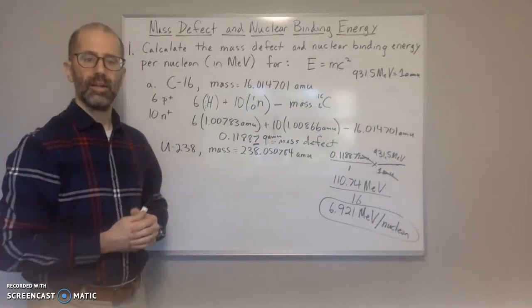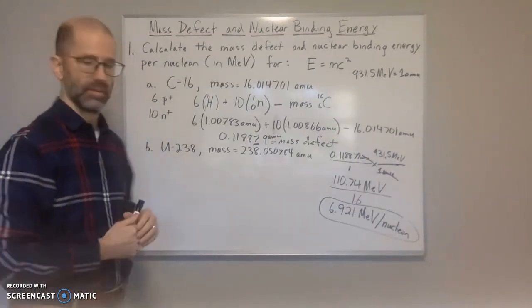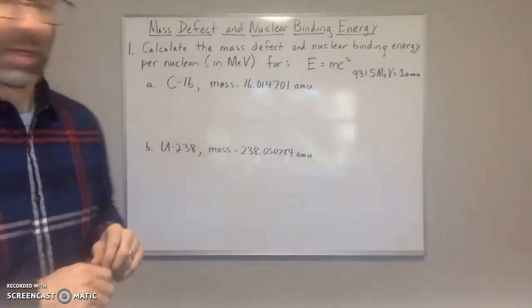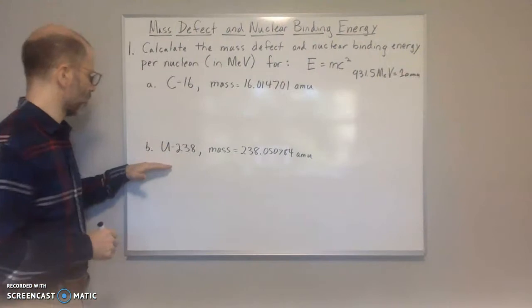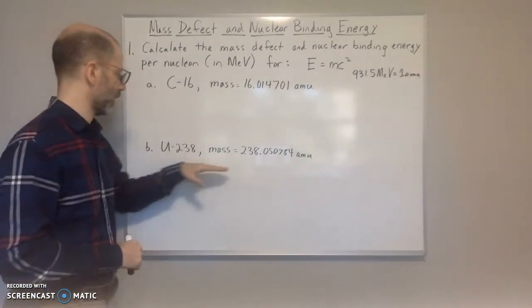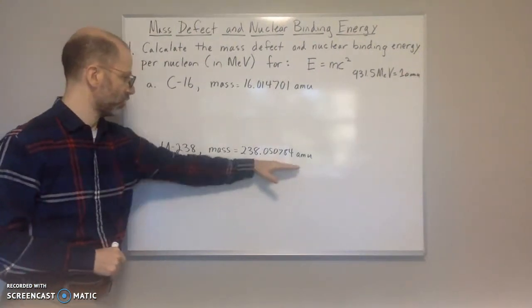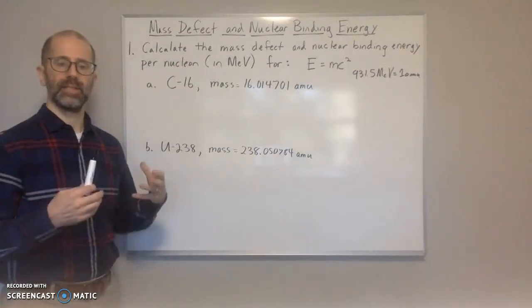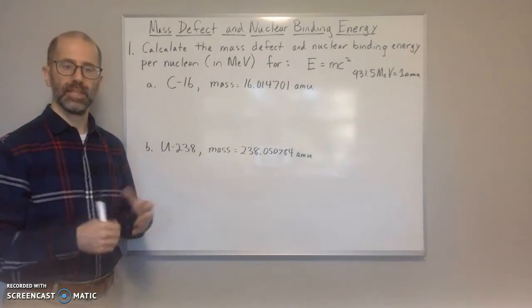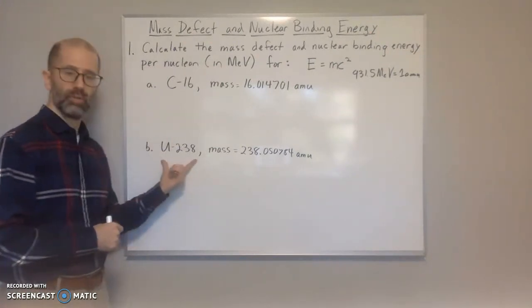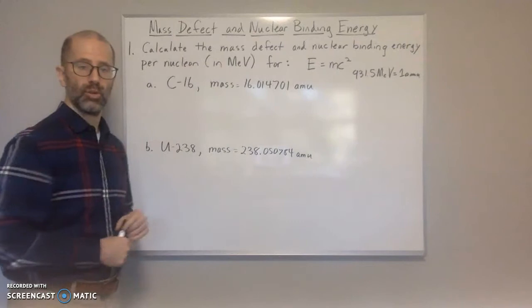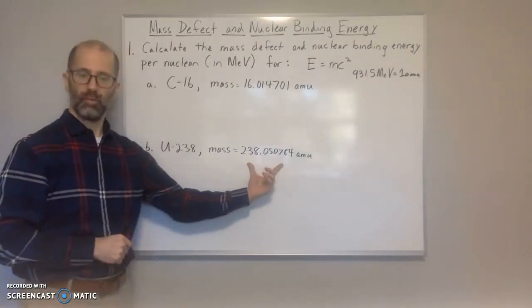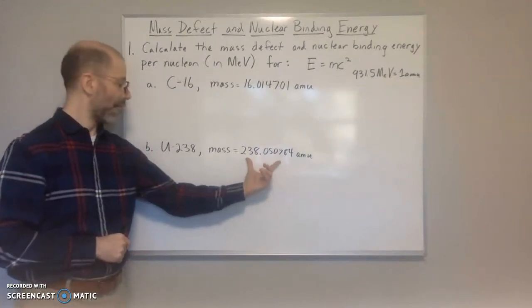Okay, let's do the second problem. For the second problem, we have U-238, whose mass is equal to this number here. So again, the first thing we want to figure out is the difference in the masses of all the nucleons compared to the total mass of one isotope atom.